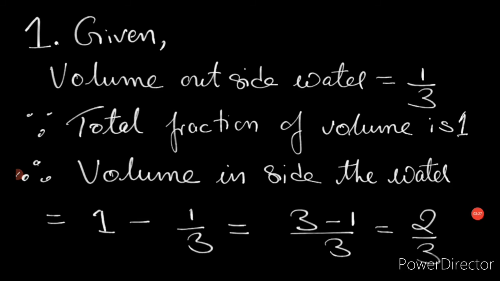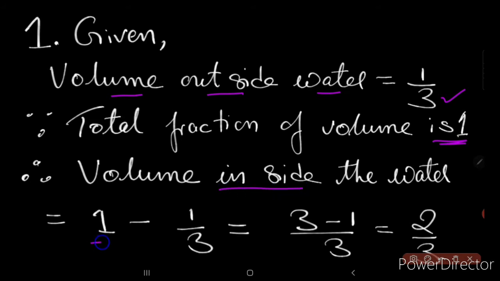So coming to the solution of number 1, the thing which is given to us is the volume outside water. The volume outside water is 1/3, right? Since the total fraction of volume is 1, which I have explained, therefore the volume inside the water will be 1 minus 1/3, which will give me 2/3.